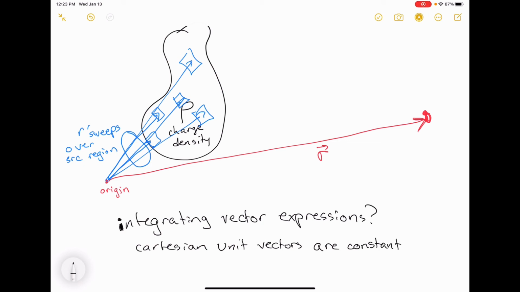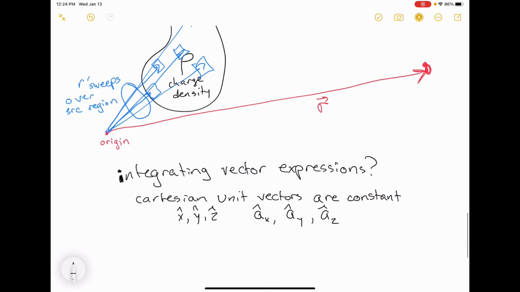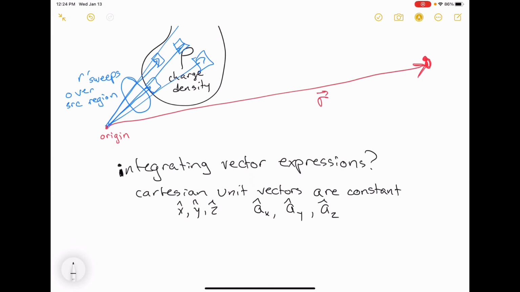They don't change with position. So those are your x hat, y hat, and z hat. Or if you use the notation with the little a's, that's a hat x, a hat y, and a hat z. Those are constant. They don't depend on position. So they can go outside the integral. If you do that, that's very happy. Super easy to do. That's step one.